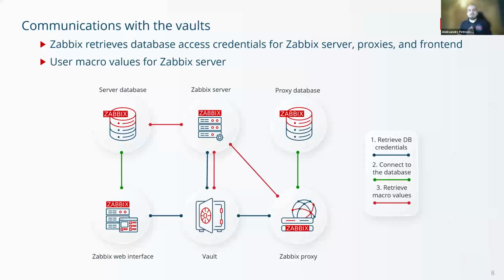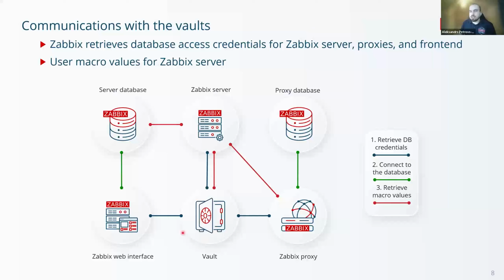So how does Zabbix integrate with the Vault, and how do Zabbix components communicate with the Vault? Well, the part which we will be looking at in detail is the database credentials, right? So how does Zabbix store them? And it's actually pretty simple.